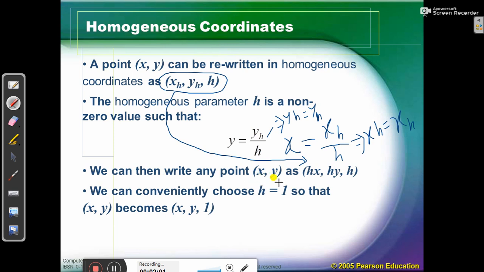So any point can be written this way, where h is the homogeneous parameter.